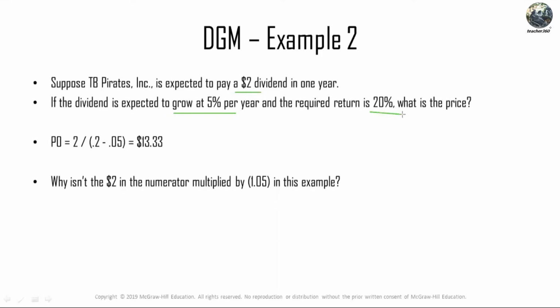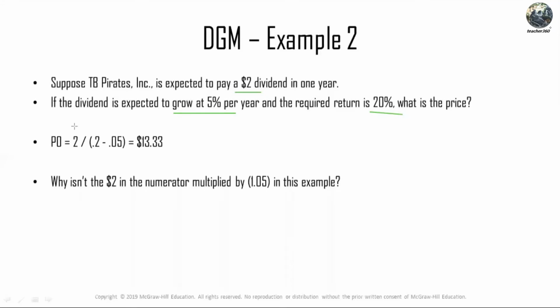Here you can see that the dividend is mentioned as the 1 year dividend. It's not mentioned that it just paid a dividend or current year dividend. So we already have the 1 year dividend, D1.